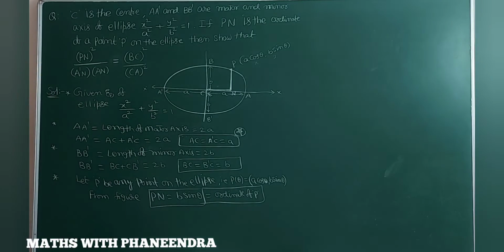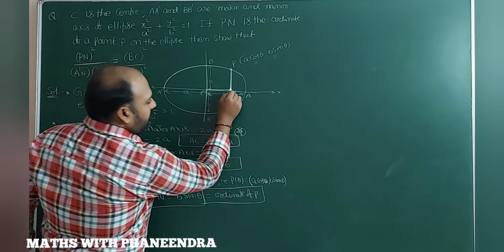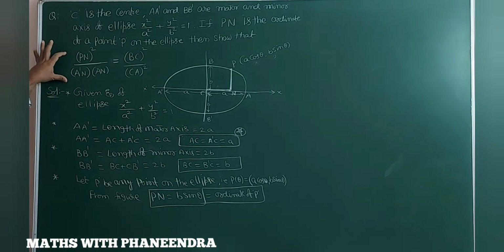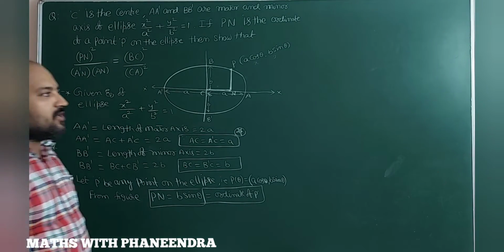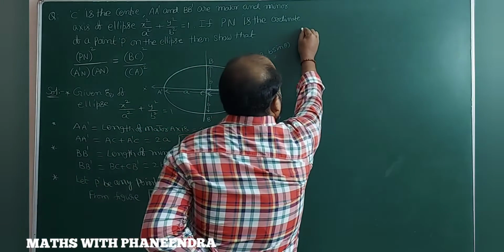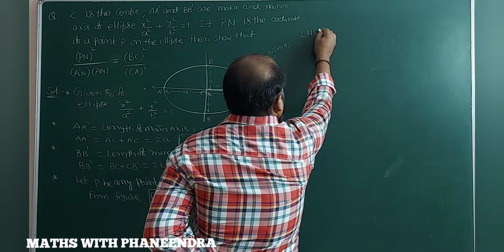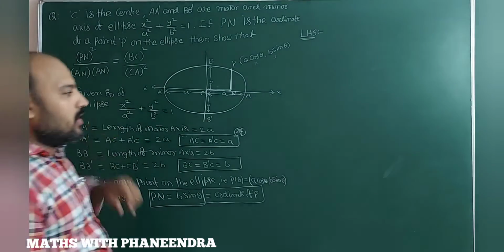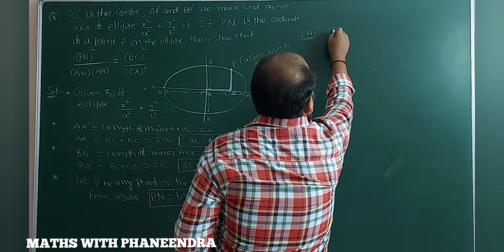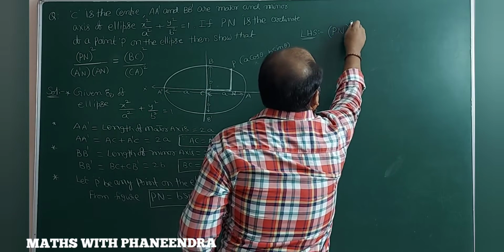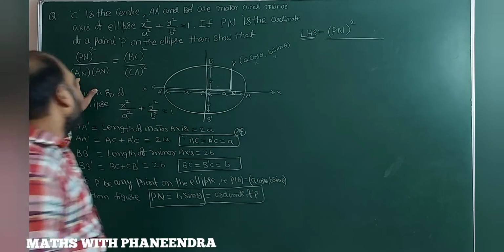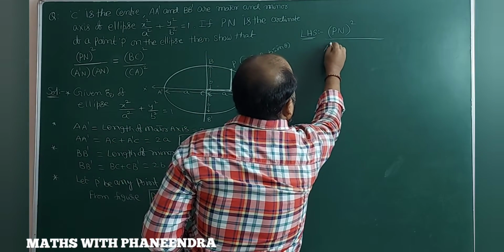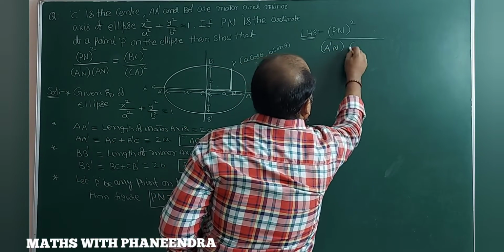After that, now consider the LHS and we are going to prove the RHS. So here the LHS, sorry, PN square by A dash N into AN, A dash N into AN.